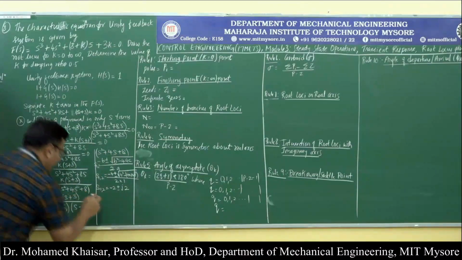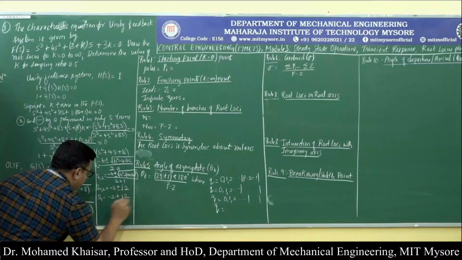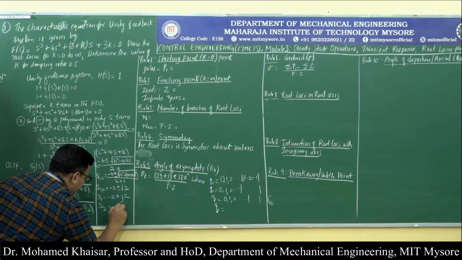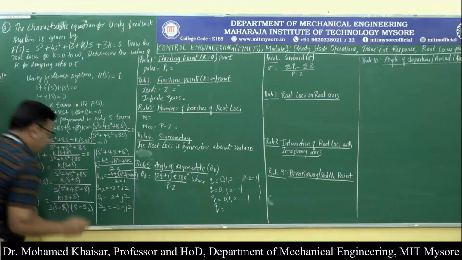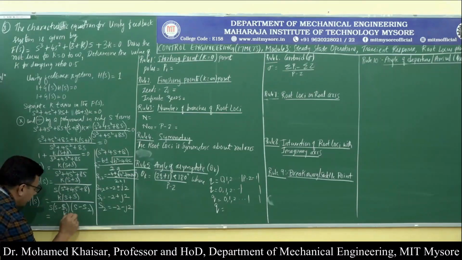So s1 will be equal to minus 2 plus j2 and s2 will be equal to minus 2 minus j2.